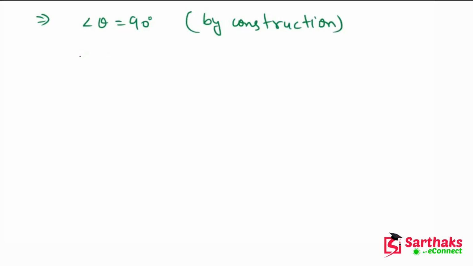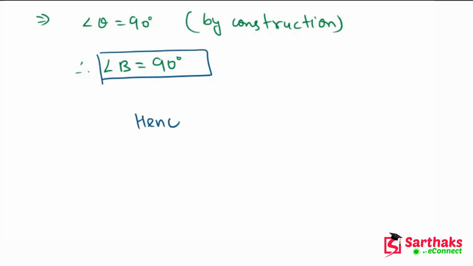So we can say that angle B is also equal to 90 degrees. Hence, proved.